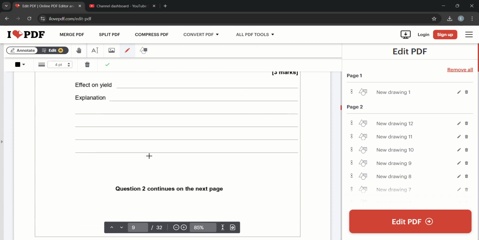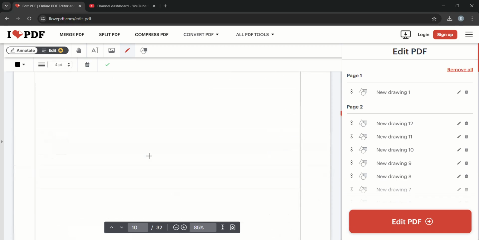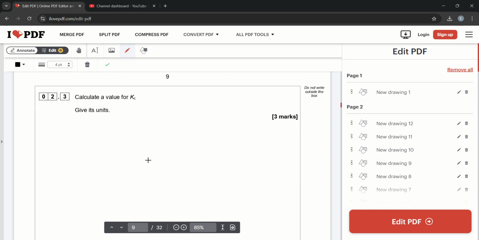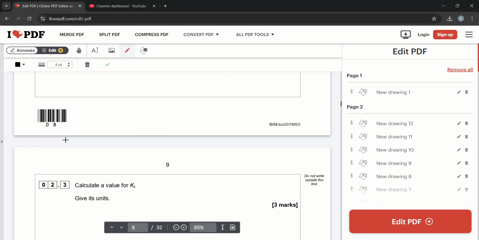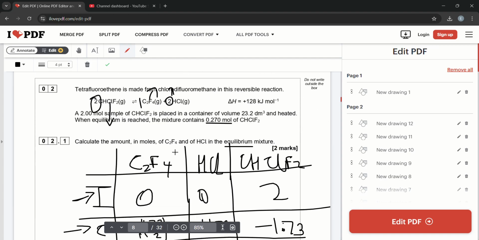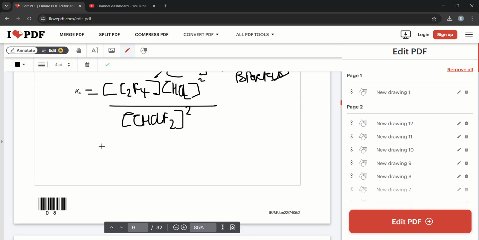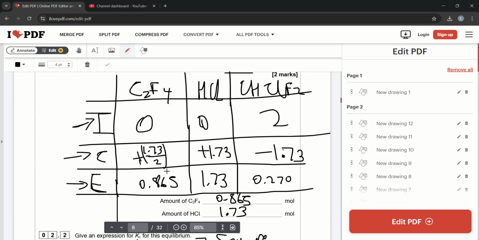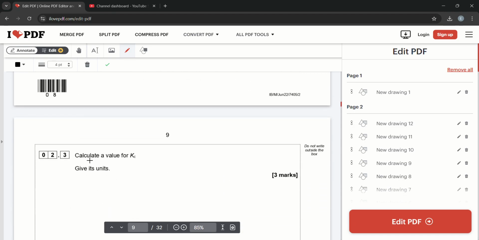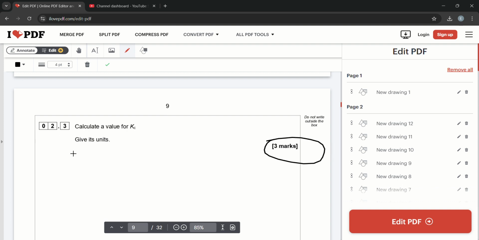Question 2.3, 2.4, and 2.5. So 2.3, calculate a value for Kc. Now, a lot of students will be like, okay, we'll just remember Kc. But first things first, we need to find the concentrations. We can't just jump in and substitute the equilibrium moles. It doesn't work like that, because then why would it be 3 marks?